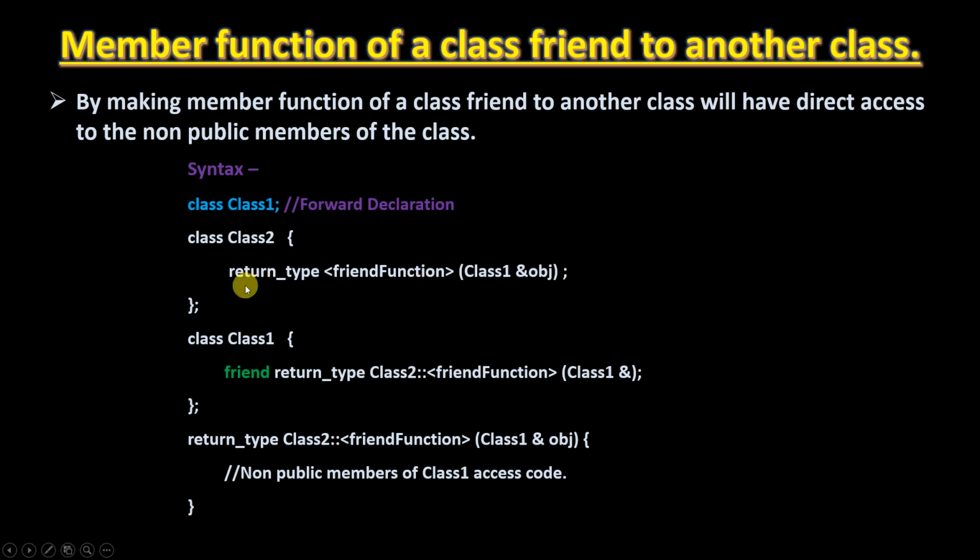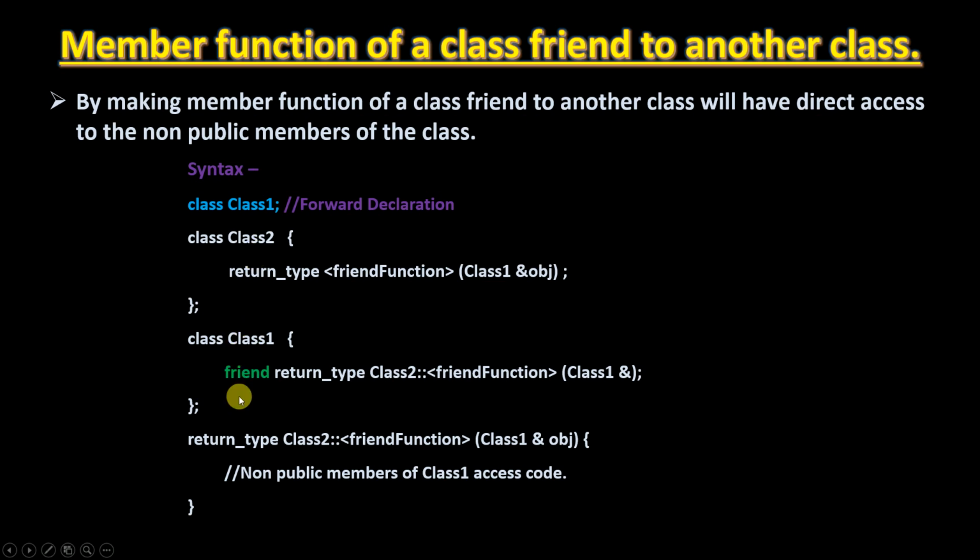Since this print function is going to take class 1 as a reference, I have to give a forward declaration of class 1 before class 2. Once the forward declaration and class 2 are done, then only you can give the class 1 declaration.